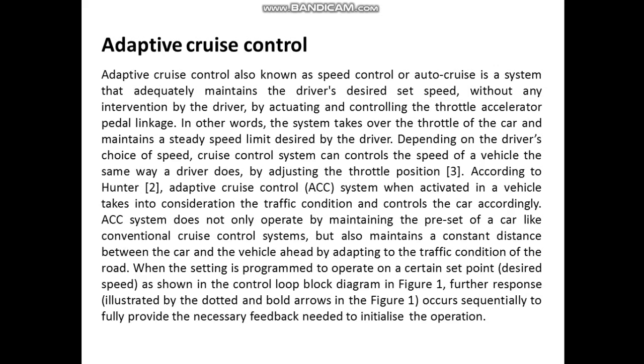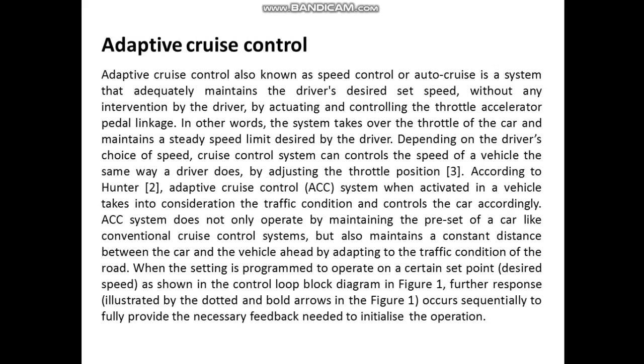According to the researcher Hunter, the adaptive cruise control system, also called the ACC system, when activated in a vehicle takes into consideration the traffic conditions and controls the car accordingly. The ACC system does not only operate by maintaining the preset speed like a conventional cruise system, but also maintains a constant distance between the car and the vehicle ahead by adapting to the traffic conditions of the road, because many times the traffic conditions are very dynamic and we can experience a lot of variation every day.